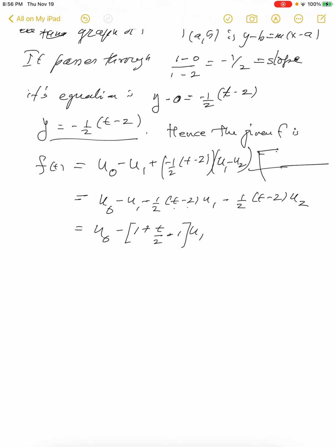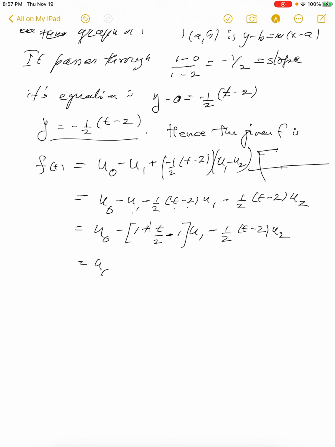So when I multiply, I get minus u1. I get minus t by 2 u1, and then this product is plus u1, isn't it? I want to have plus u1, so this is minus 1 minus half t minus 2 u2.